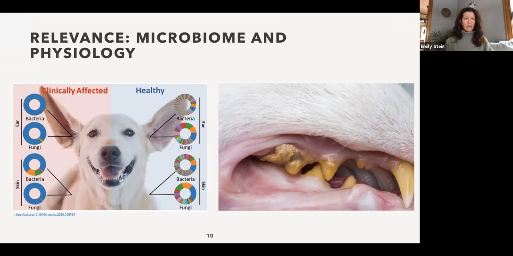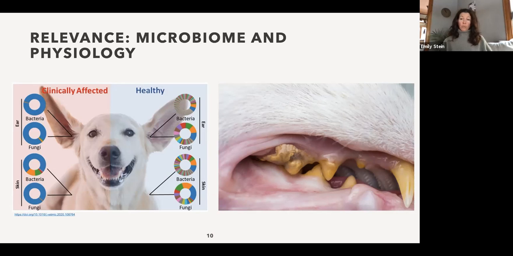As you can see on the left-hand side of the slide, a clinically affected dog with an ear infection tends to have a ton of fungus of one species and a ton of bacteria of one species, and on the skin as well, compared to a healthy dog, which has a very diverse repertoire of microbiome that inhabits that ear and is also found on the skin.